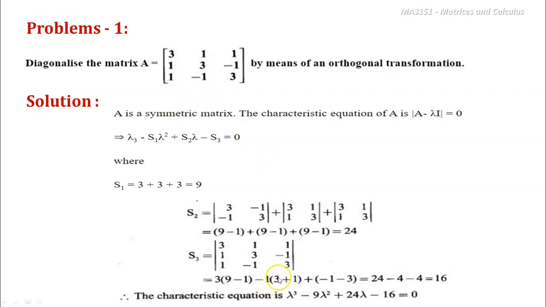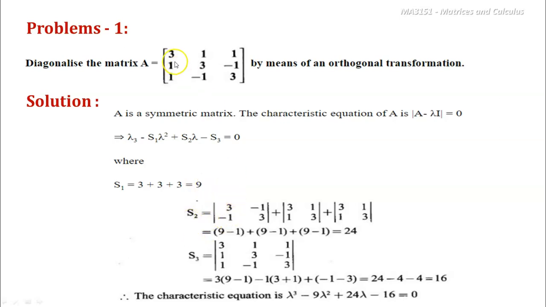For finding eigenvalues, we need the characteristic equation. Since it is a 3 by 3 matrix, the general characteristic equation is lambda cube minus S1 lambda square plus S2 lambda minus S3 equal to 0, where S1 equal to sum of the diagonal, 3 plus 3 plus 3, it is equal to 9.